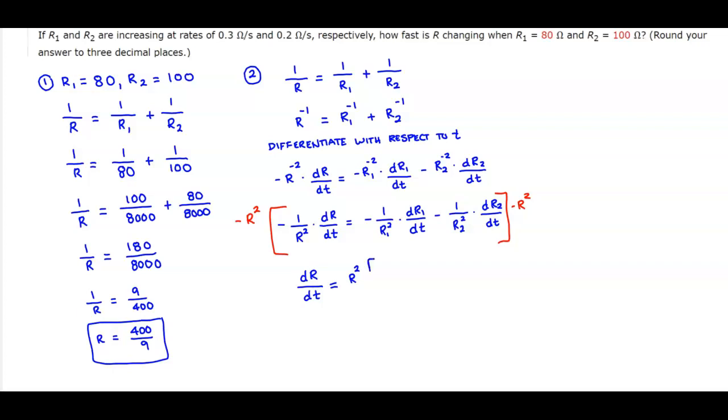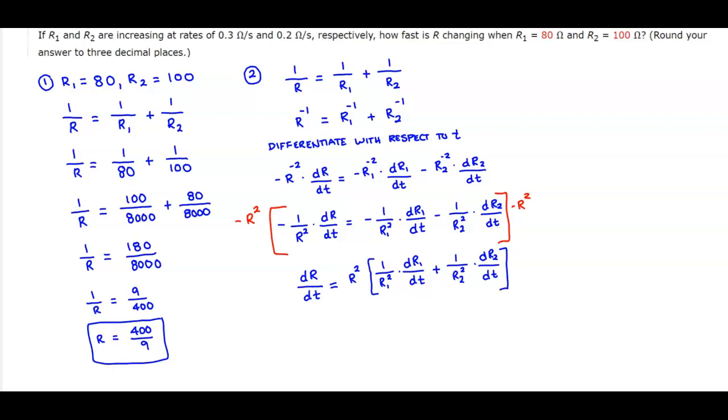So we have R squared times 1 over R1 squared times dR1 over dt plus 1 over R2 squared times dR2 over dt.